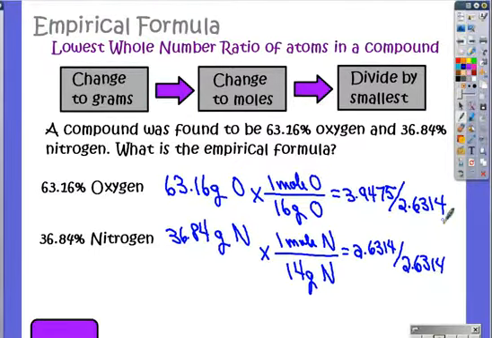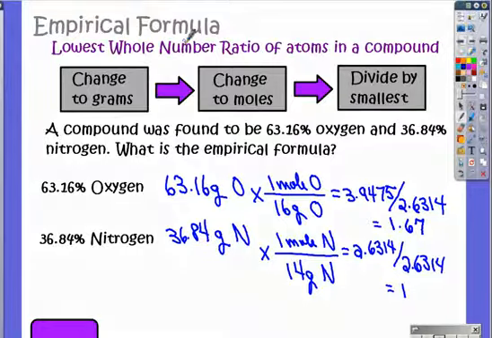And when I did that on my calculator, of course here I'm going to get 1, and up here I get 1.67. So this is my ratio: 1.67 to 1. But it's not necessarily a whole number ratio. I need a whole number ratio.